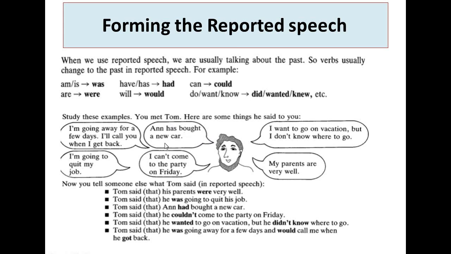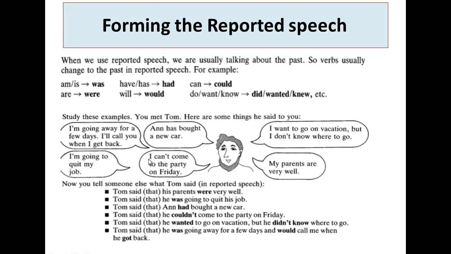It should be in the past perfect. The past of "has" is "had", and "bought" stays as it is: had bought. Had bought what? A new car. So Tom said that he had bought a new car.